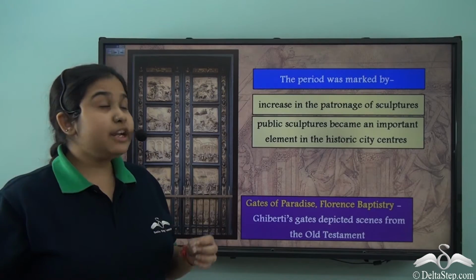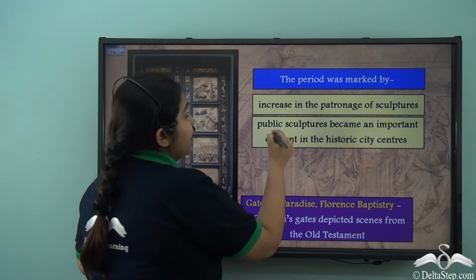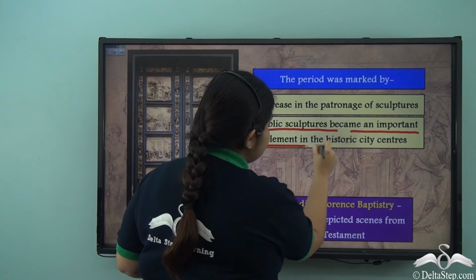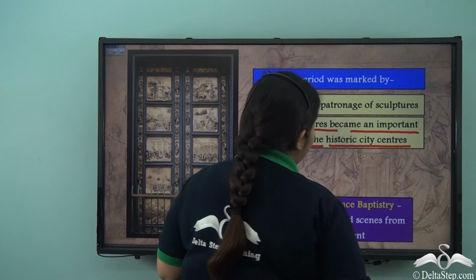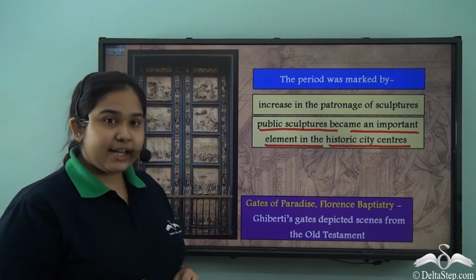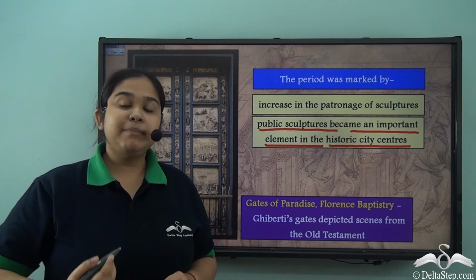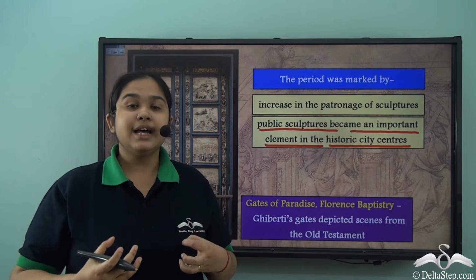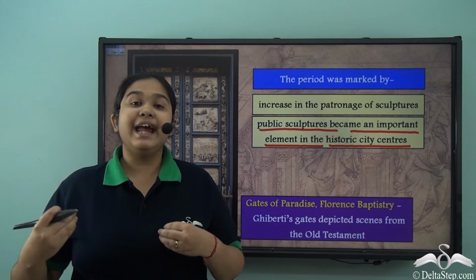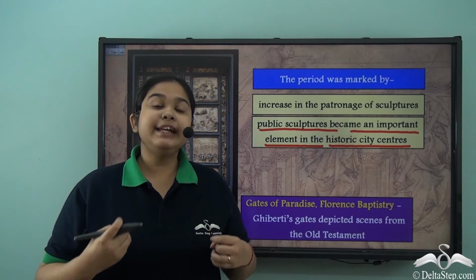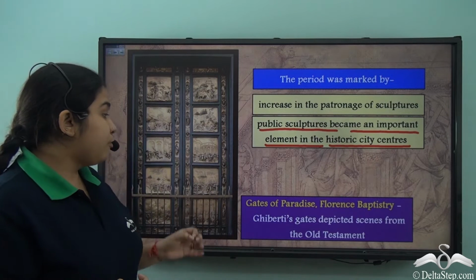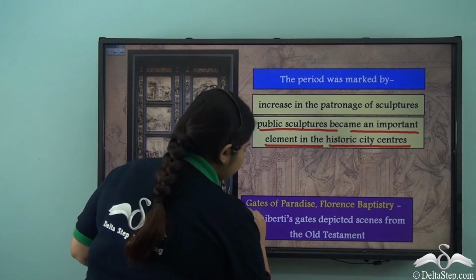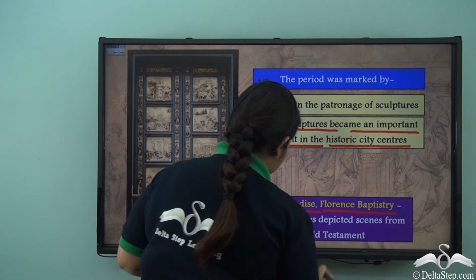Now, this period was also marked by public sculptures, which became an important element in the rise of historic city centers. Thus, we can understand that these public sculptures and artistic structures were not attached to any monument. Like if we take an example here of the gates of paradise, which shows the Florence baptistry.